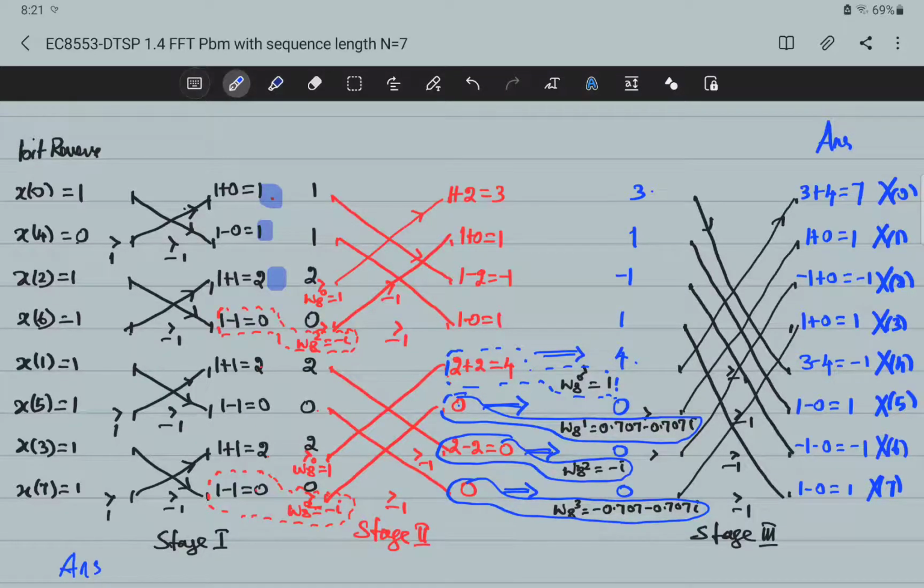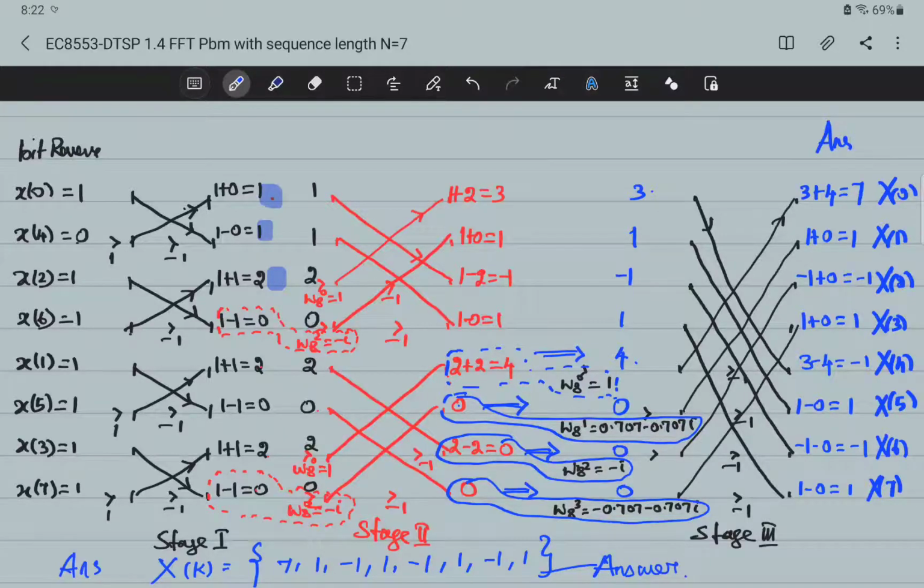Answer capital X of k is equal to 7, 1, minus 1, 1, minus 1, 1, minus 1, 1. So this is your required answer. This is your answer for this problem.